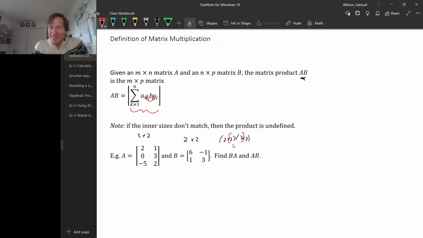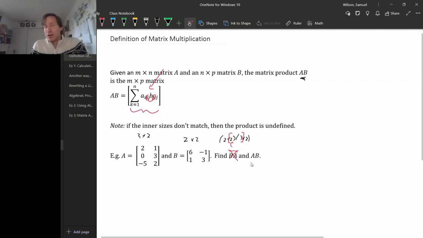Well, in this example, there aren't the same number. B has 2 columns, but A has 3 rows. So this sum just doesn't make sense for the product this way around. So for these particular matrices, the product B times A doesn't exist. It's just not defined.